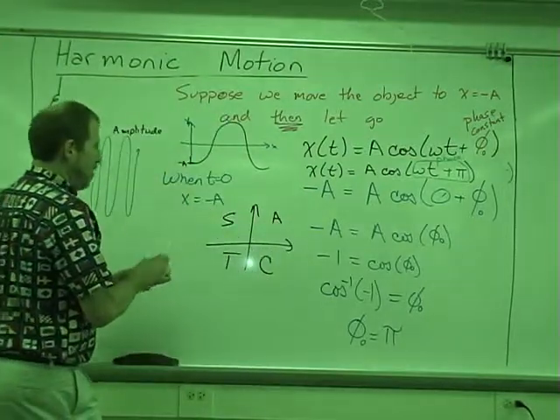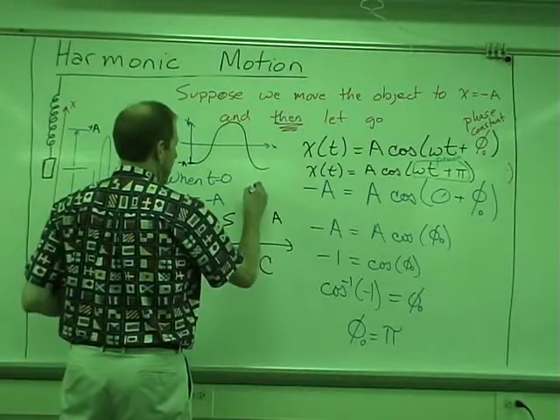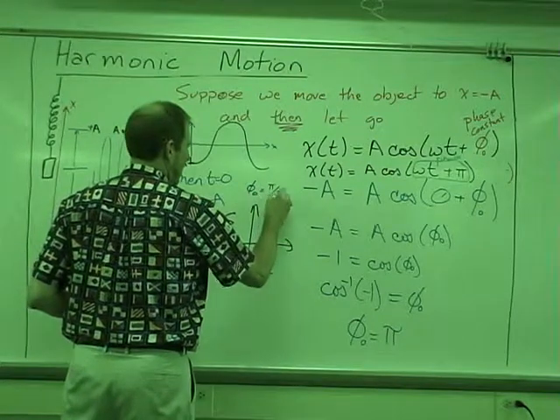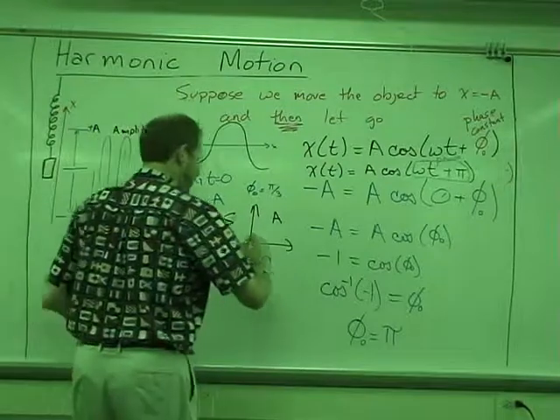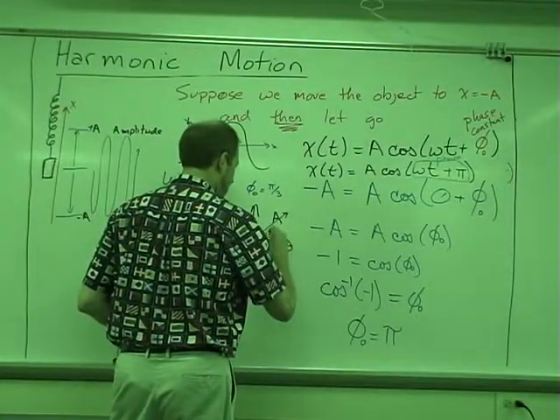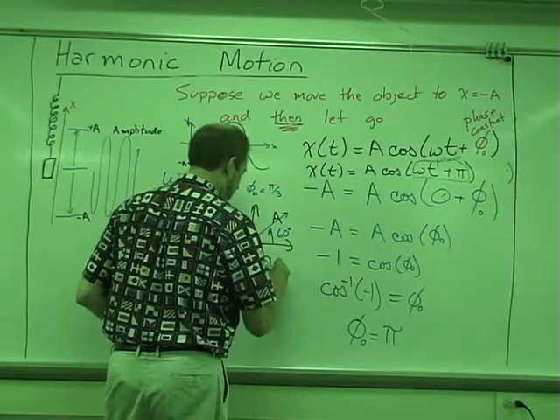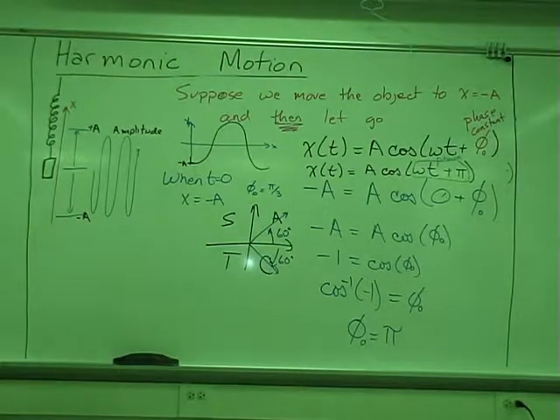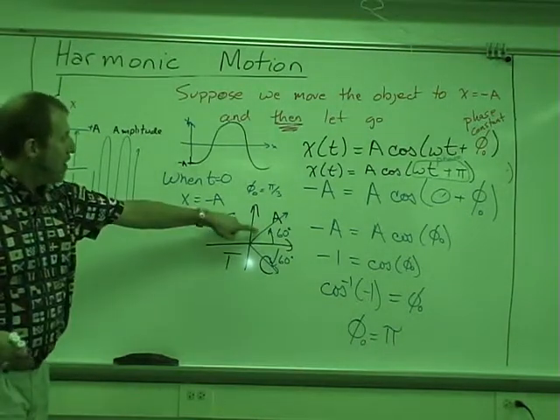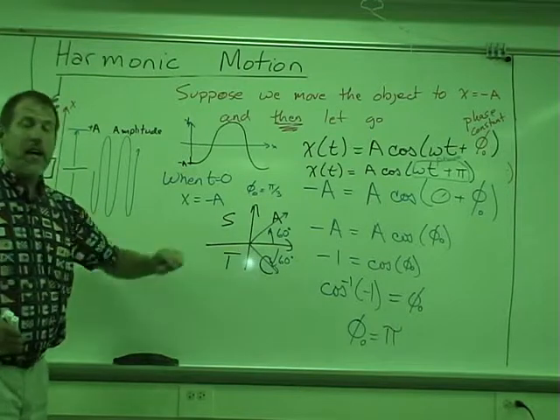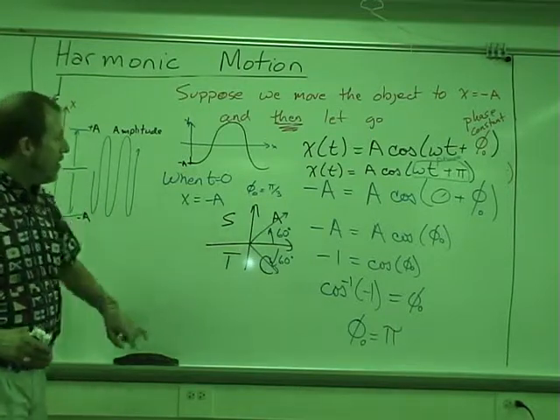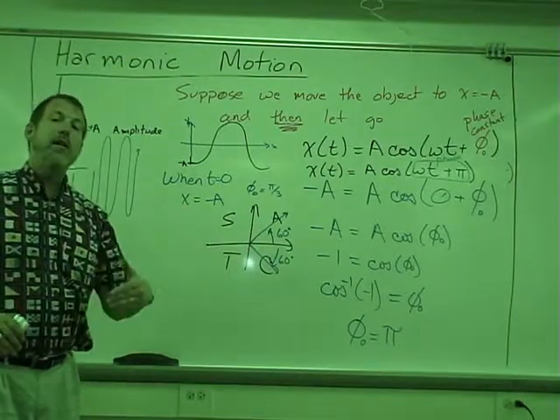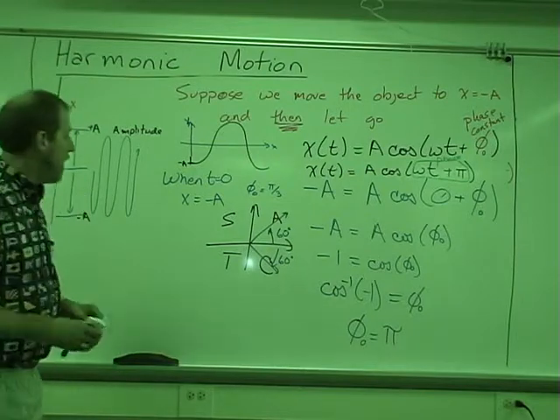Right, so if I have an answer where, say, my phase constant is pi over 3, that's an angle of 60 degrees. But is it positive pi over 3 or negative pi over 3? Because though the cosine is positive in both of these quadrants, you don't immediately know that. You must use reason to figure that out.